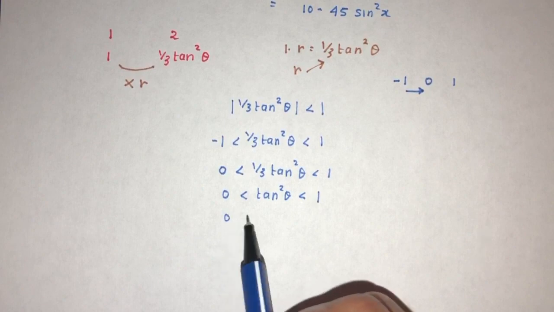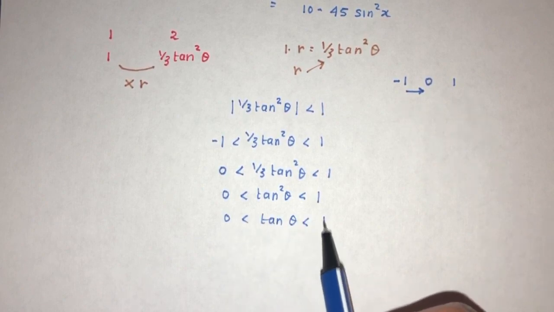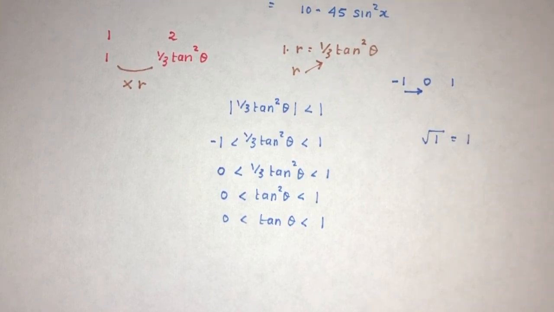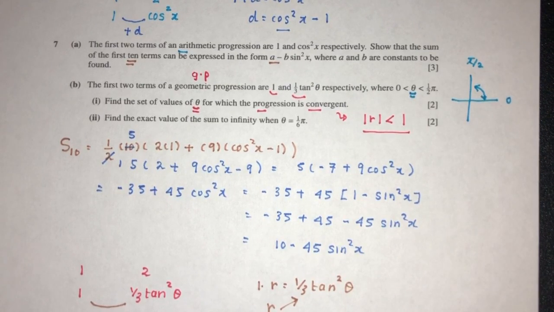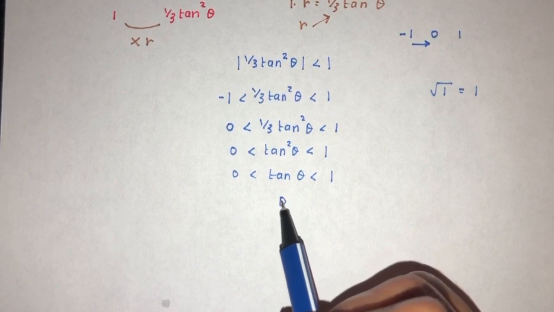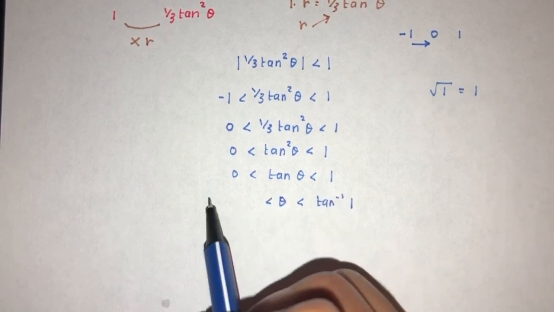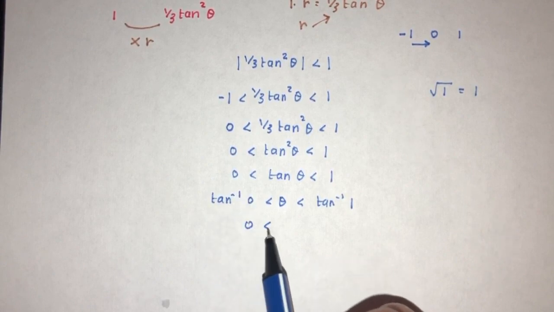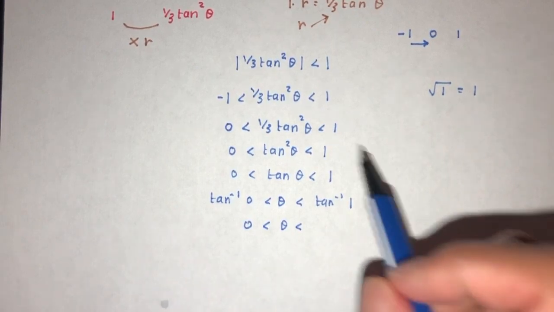Now tan theta will be less than the square root of 3. Again, we will not be taking the negative values here because you can see it is in the first quadrant where everything is positive. Now to find the value of theta, we take tan inverse on both sides. That should be 0 here. Okay, so here I'm missing something.